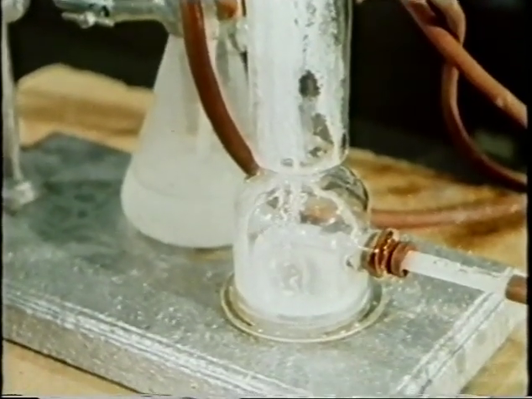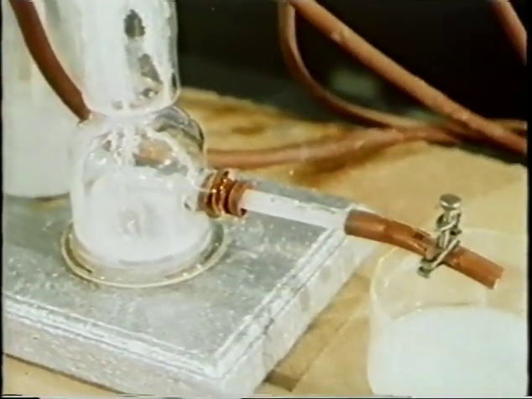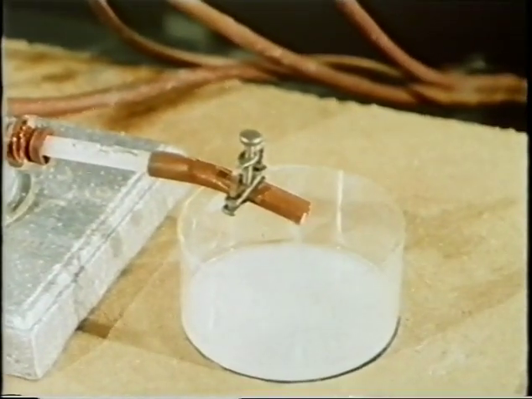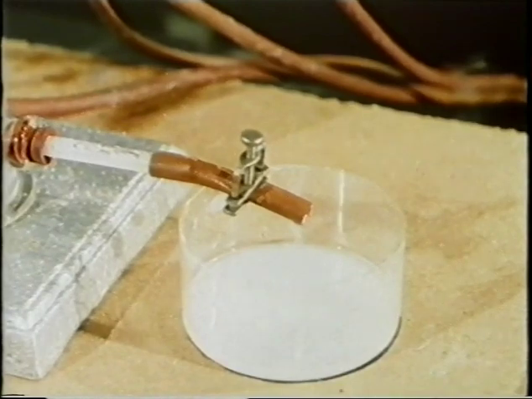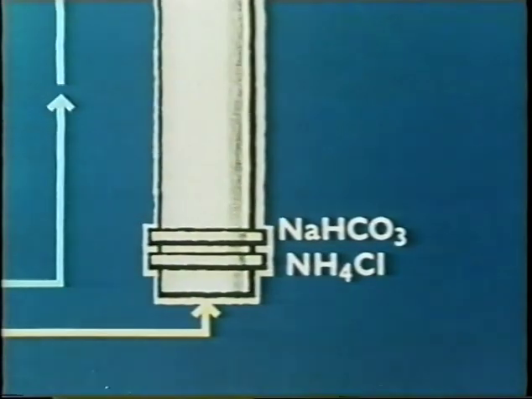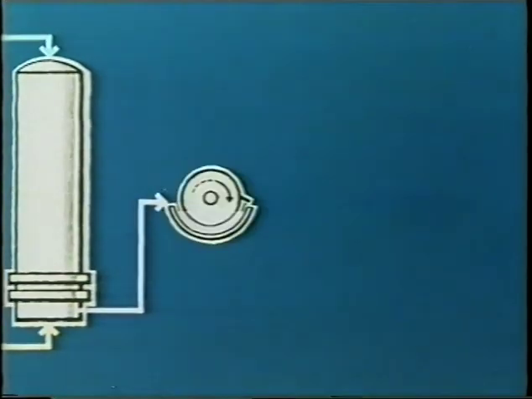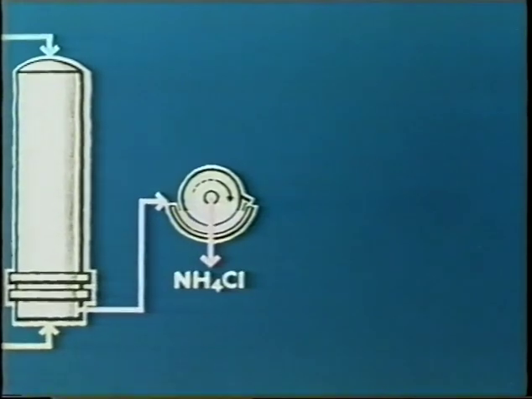The cooler the final liquor, the more sodium bicarbonate will be precipitated. It forms a suspension in the ammonium chloride mother liquor. When the suspension leaves the group of making towers, the ammonium chloride and sodium bicarbonate are separated by a rotary filter.